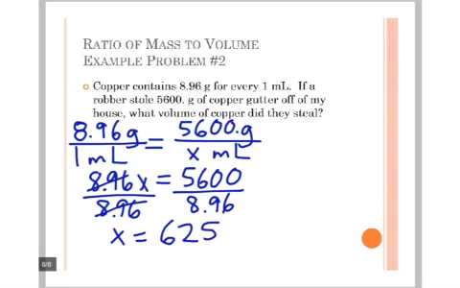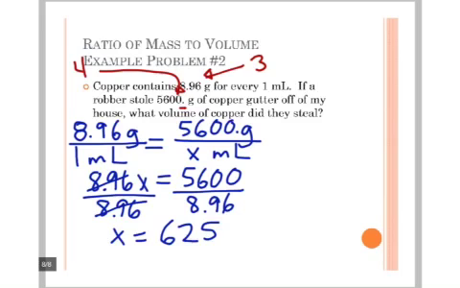But again, my answer needs the correct number of sig figs and a label. So I look back to my problem. We've got 3 significant figures here, and we've got 4 here. Why is that one 4? Well, you notice I was very careful to put a little dot there. And that dot, that decimal point, is telling me that those 2 zeros are significant.